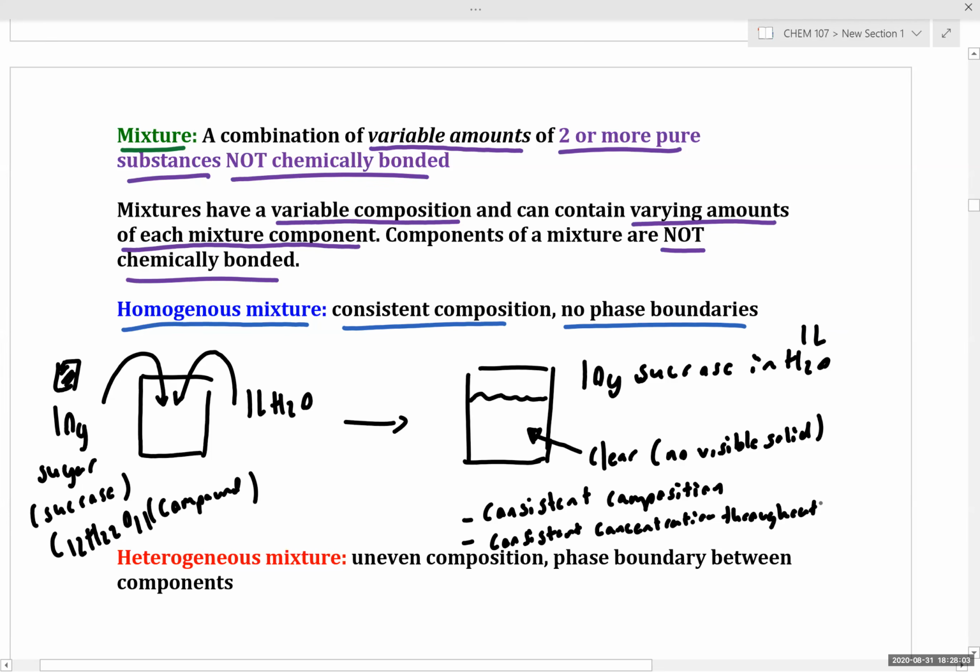So homogeneous mixtures have a consistent composition with no phase boundaries. What that means is we can't see any visible solid in our solution, nor can we see any separation in our liquid layers. We just see a nice, clear solution with consistent composition throughout.